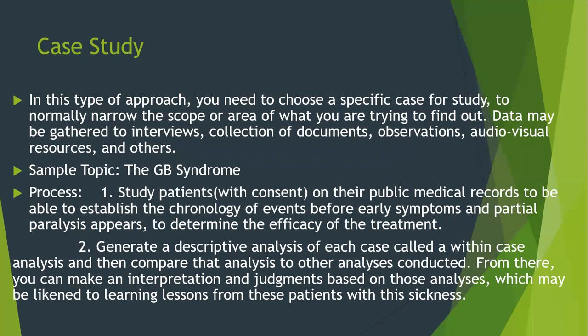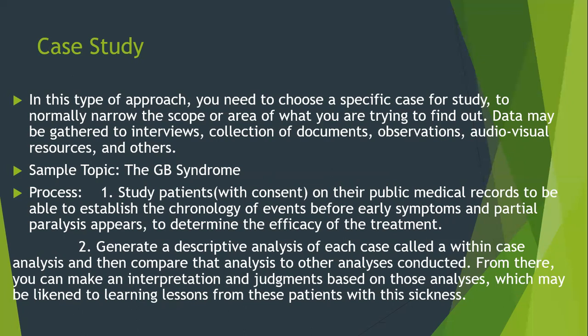For example, a sample topic here is the GB syndrome, in which it says here that the GB syndrome is a neurological disease which causes characteristic muscle weakness and or paralysis. Okay. So kung gusto mong aralin ito, pumunta ka sa isang hospital.